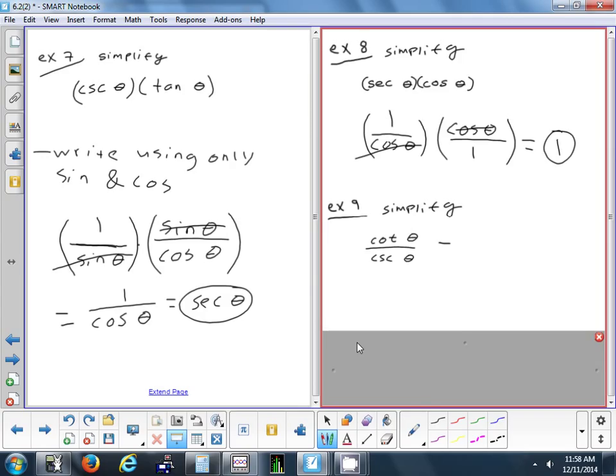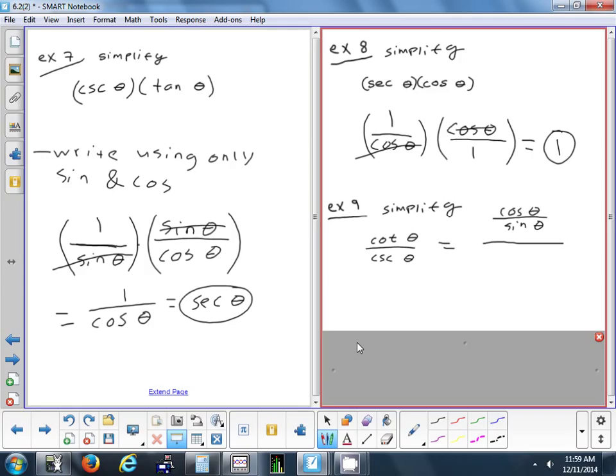Okay, and the last one. We're going to write it in terms of sine and cosine. Okay, what's cotangent? How can we write that with sines and cosines? Oh, Casey? Good. So it's cosine over sine.